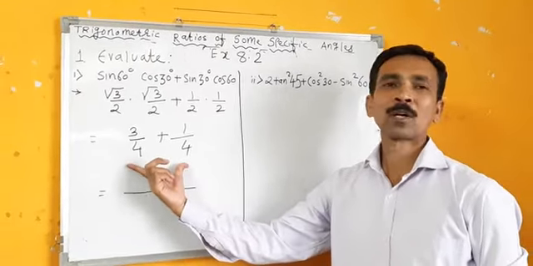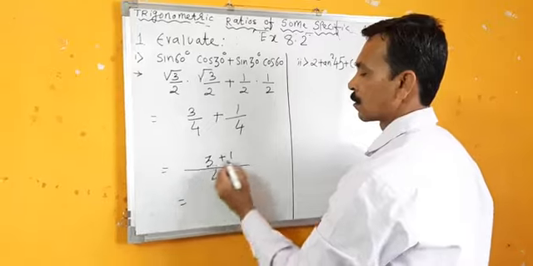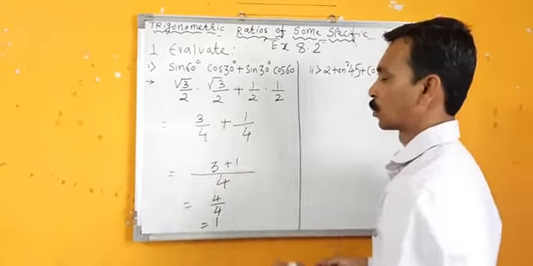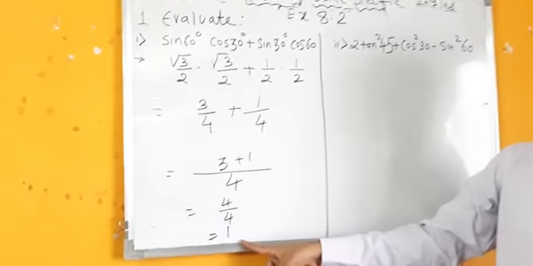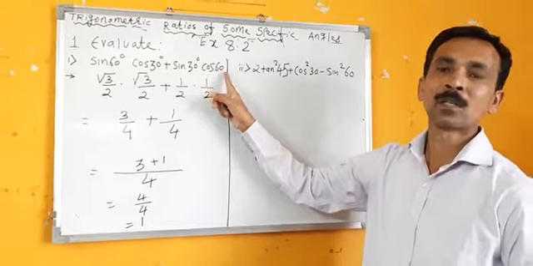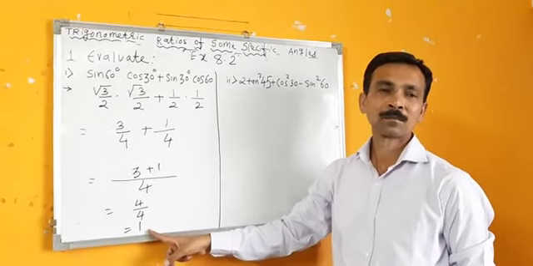And when denominators are same, we take the same number as the LCM and the numerator gets added or subtracted as it is. Here it is addition in the numerator. 3 plus 1. What is 3 plus 1? 4. 4 upon 4 is equal to 1. So the value of sin 60 into cos 30 plus sin 30 into cos 60 is 1.